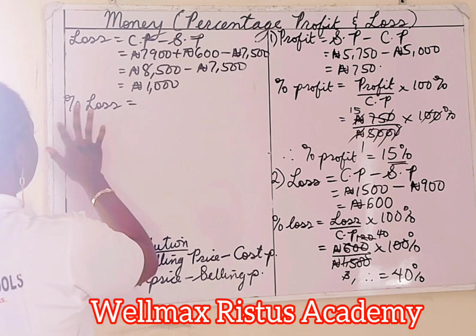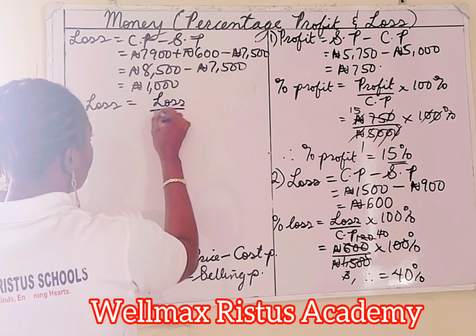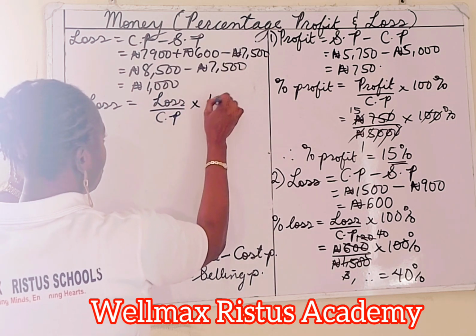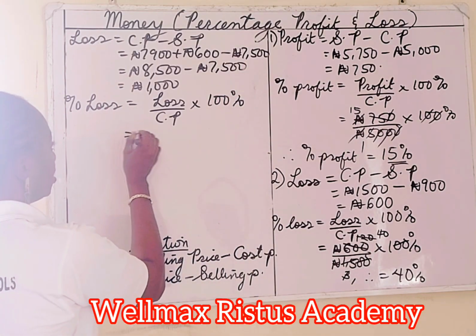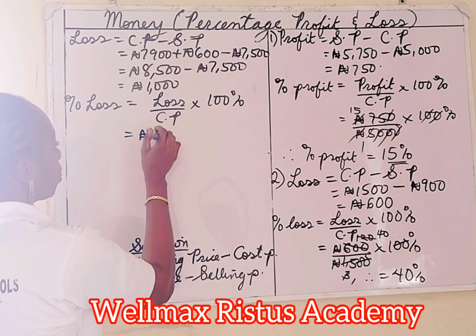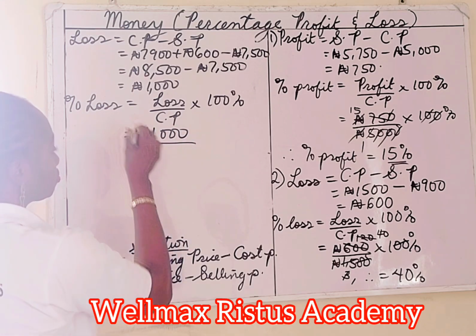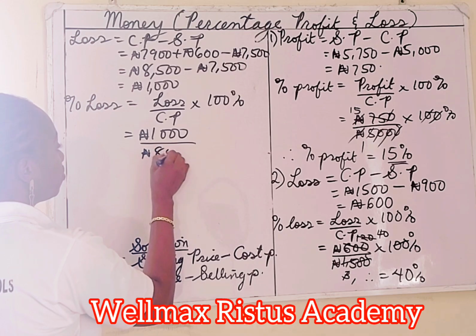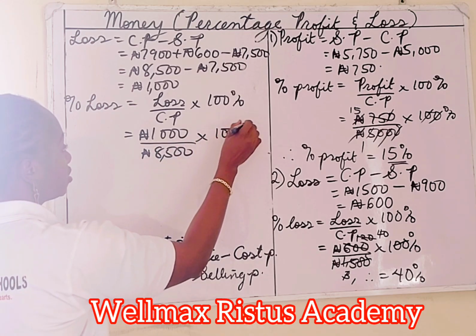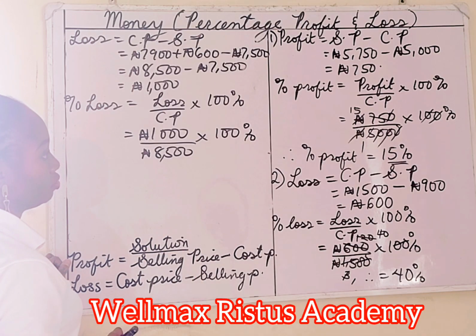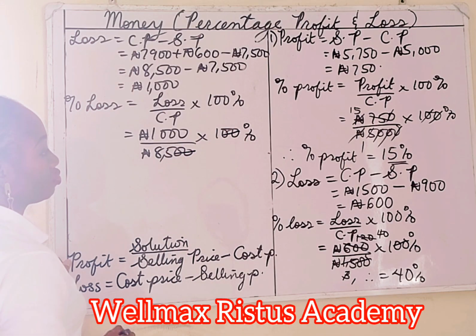Now the percentage loss equals what? Loss over the cost price times 100%. And the loss here is 1,000 naira over 8,500 times 100%. Alright? Now these two zeros cross out these two zeros.